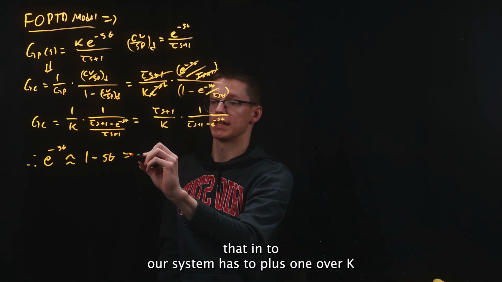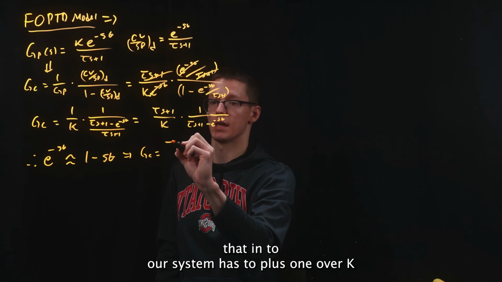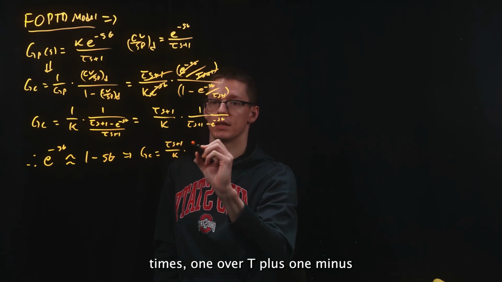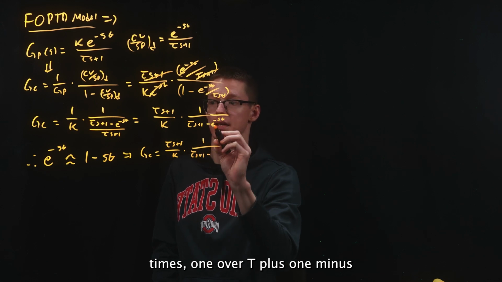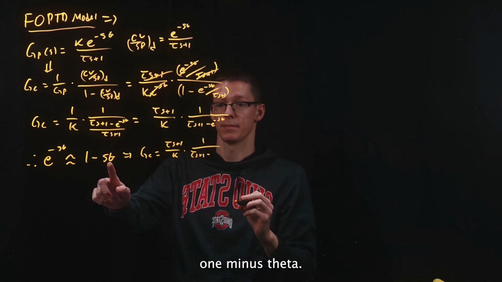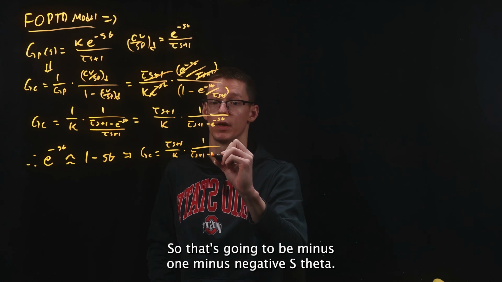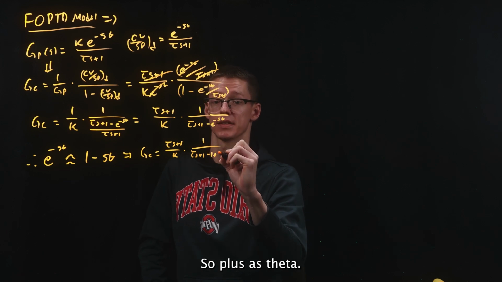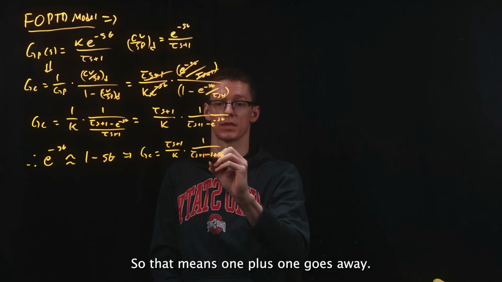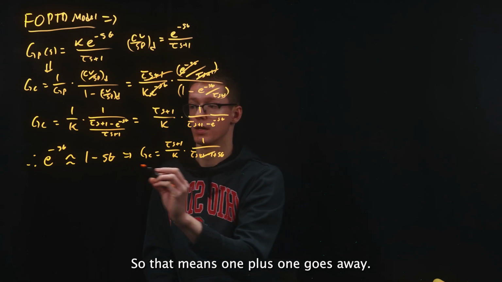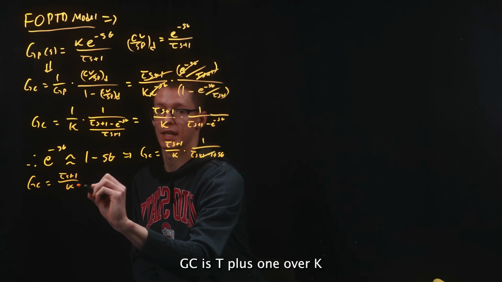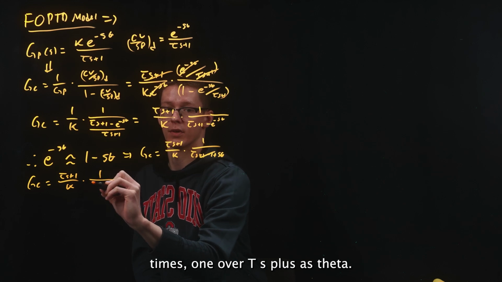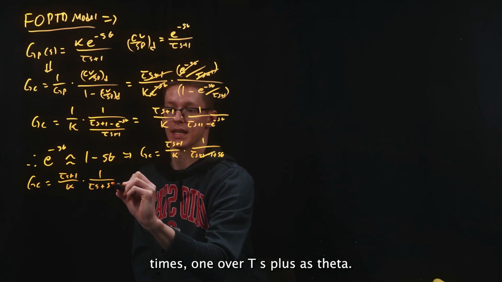So we can integrate that into our system as (Ts plus 1) over K times 1 over Ts plus 1 minus (1 minus s theta). So that's going to be minus 1 minus negative s theta, so plus s theta. So that means 1 plus 1 goes away. GC is (Ts plus 1) over K times 1 over Ts plus s theta.